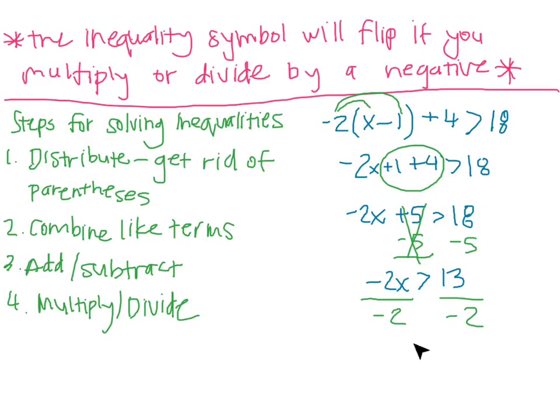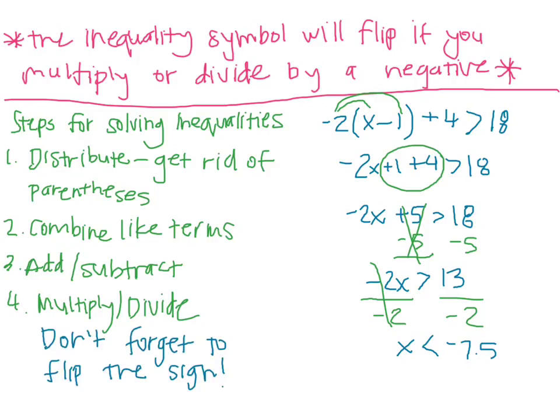I am dividing both sides of the equation by a negative, so that means my symbol is going to flip. -2 divided by -2 will cancel, so I will have an x left over. My symbol is going to flip because I was dividing by a negative, and then -13 divided by -2 is -7.5. So don't forget to flip this sign.